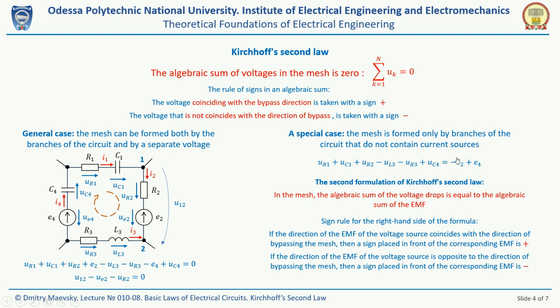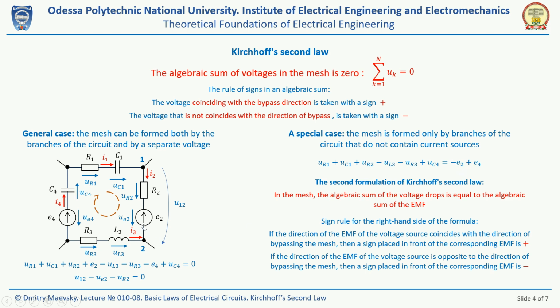So on this side of the formula we have a plus sign before this E, the electromotive force. And if the direction of the electromotive force is opposite to the bypass of the mesh, we write this electromotive force with a minus sign, like this, minus E2.